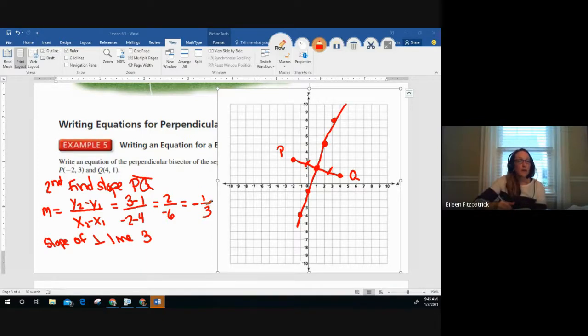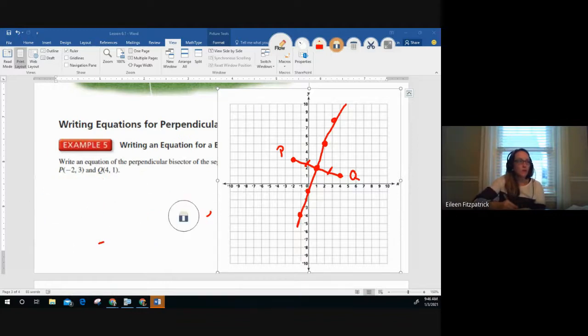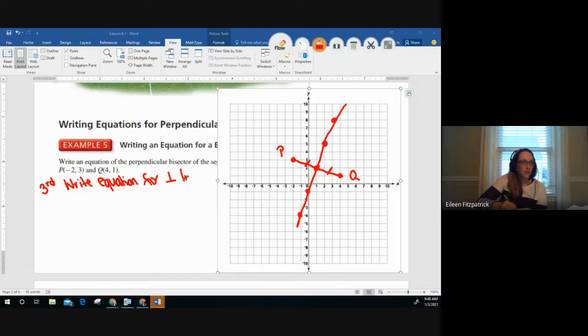Okay, but the problem is asking us to come up with the equation. All right, so let's take the information we know now and come up with an equation. So your third step is to write the equation for the perpendicular line.